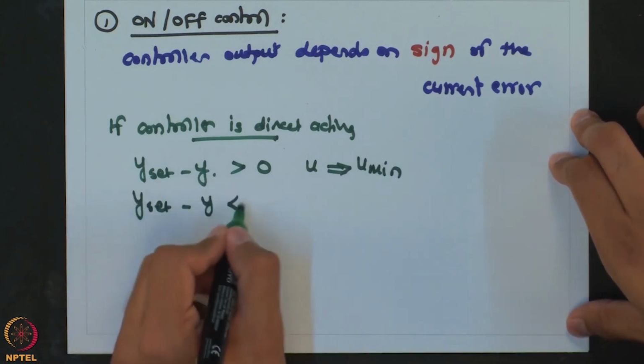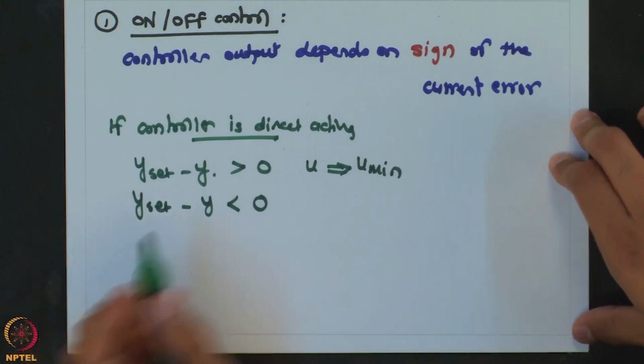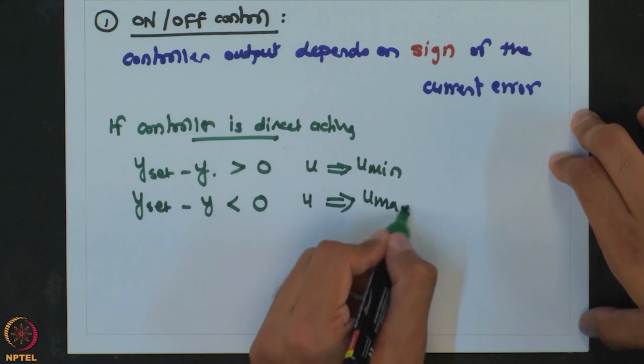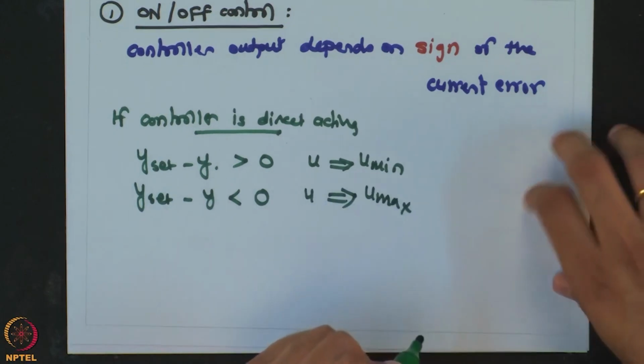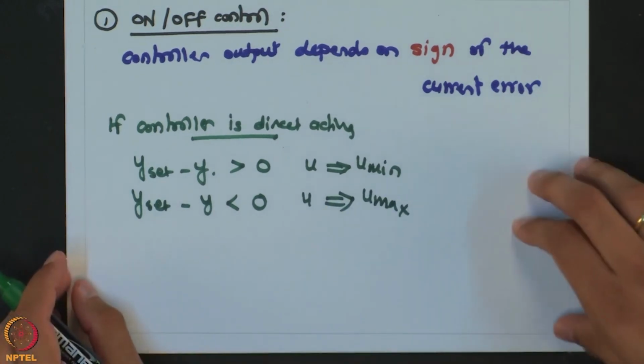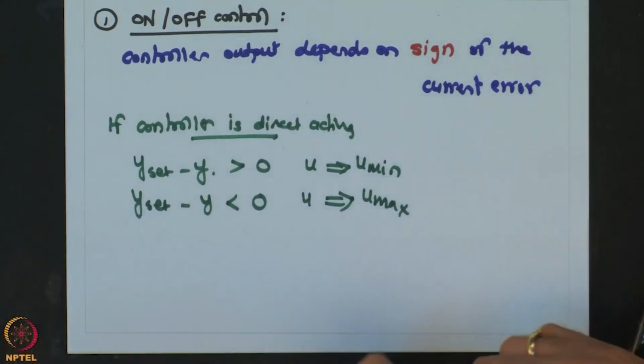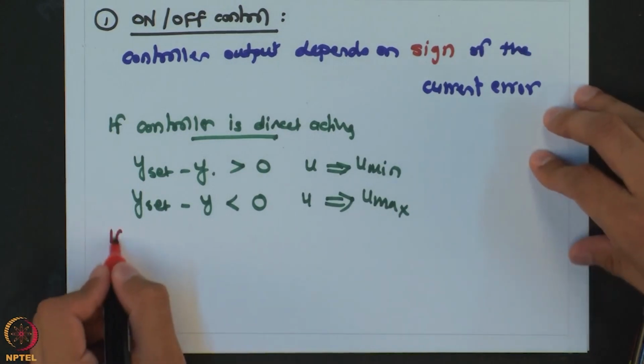If y set minus y is less than 0, if the error is negative, then u will be made equal to the maximum value of u. And the exactly opposite pairing works when we have a reverse acting controller.